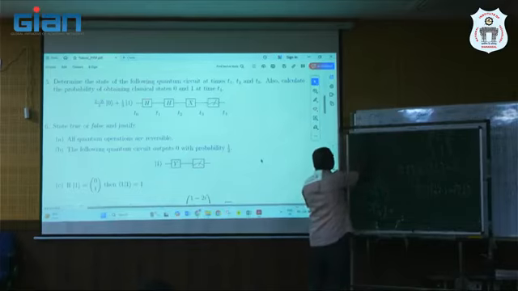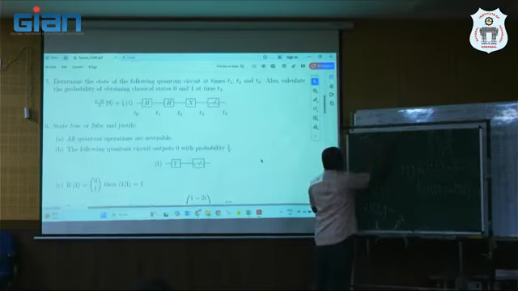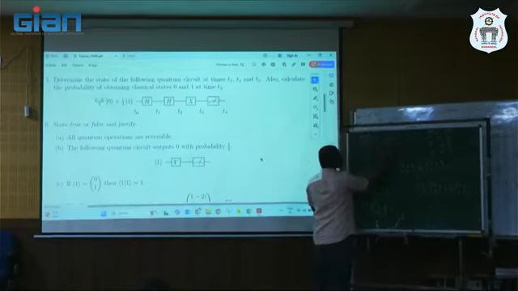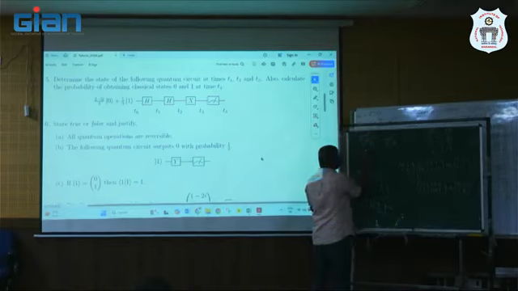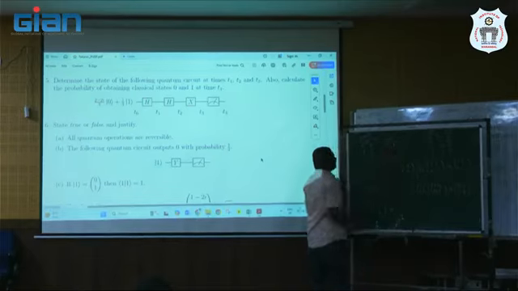CNOT, control NOT gate. This is the input. For 0 0, what do we get? 0 0, 0 1 gives 0 1, 1 0 gives 1 1, 1 1 gives 1 0. Is that correct?